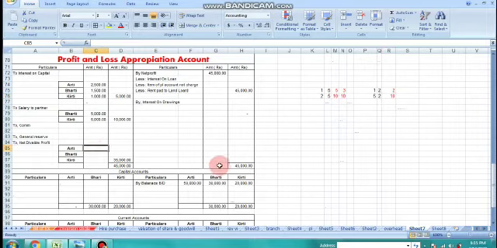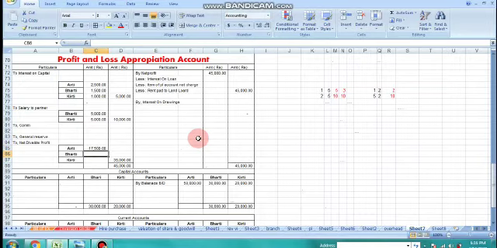So for that purpose, 35,000 divided by 10 into 5, the first answer will be 17,500.